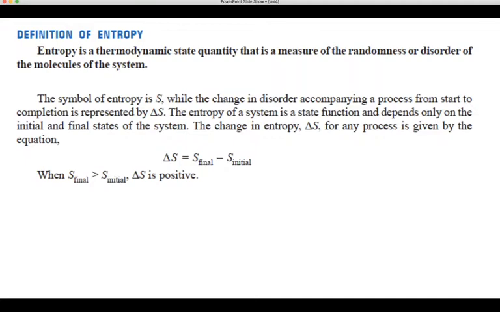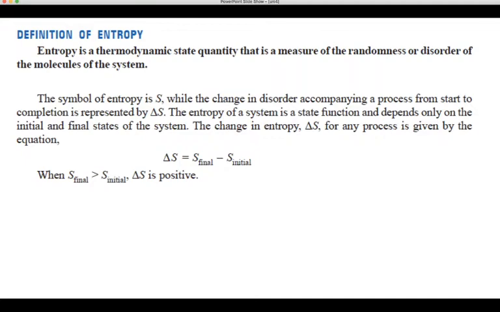So S final, the entropy of the final compound, is always greater than the entropy of the initial compound, and the change in entropy is delta S equals S final minus S initial.